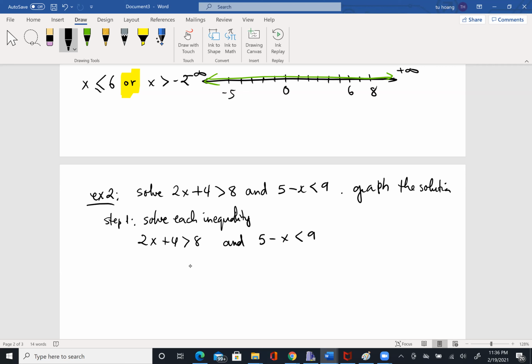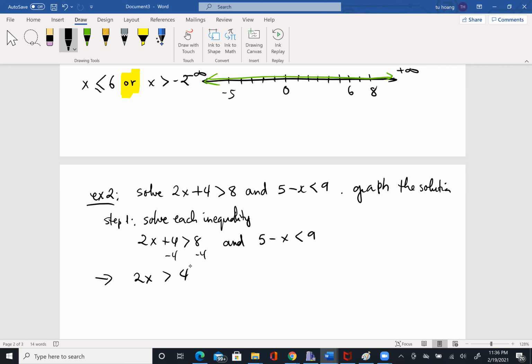I'm going to go ahead and do each step. So minus 4 on both sides, and I have 2x greater than 4, right?